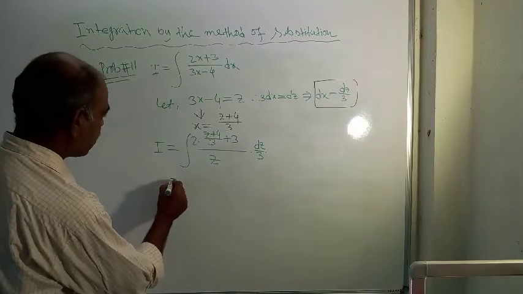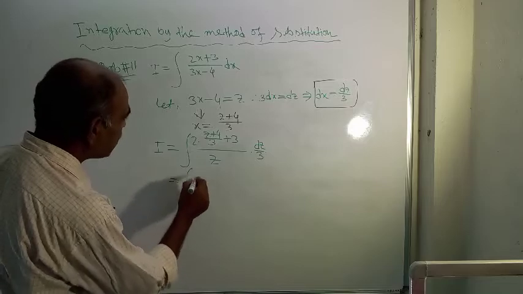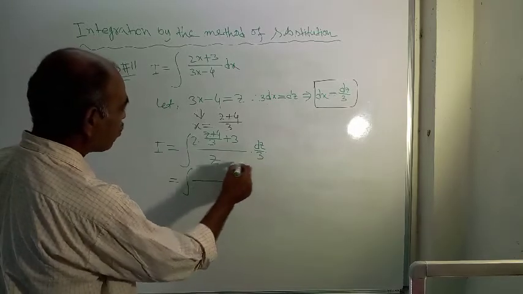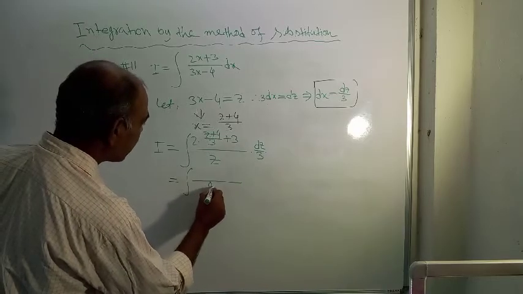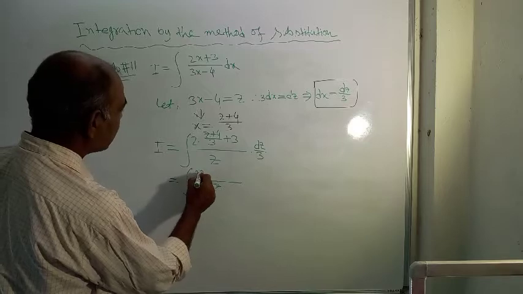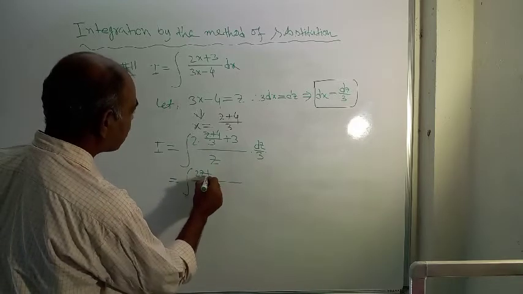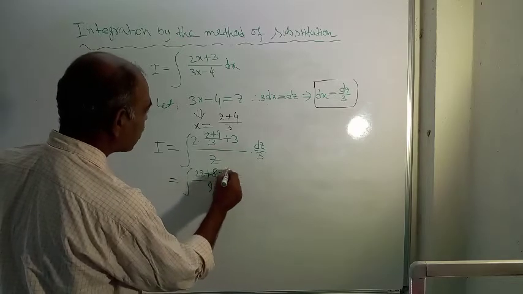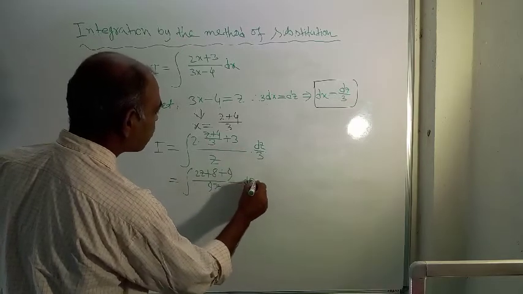Now make this algebraic calculation. These 3 and these 3 will come here. So this will make 9z. Then here will be 2z plus 8, this 2 into 4, 8. 3 into 3, 9. Okay, dz.